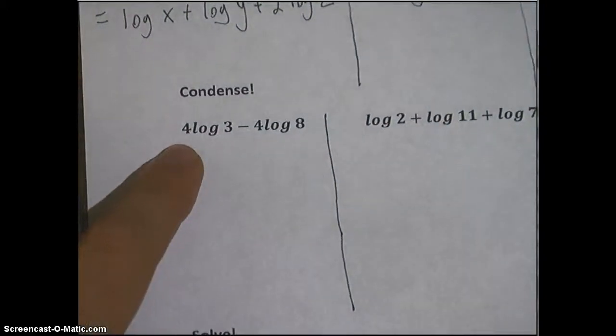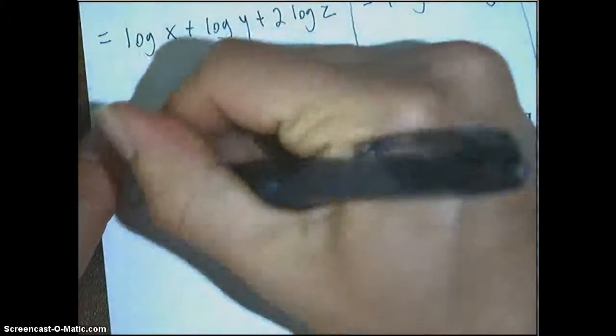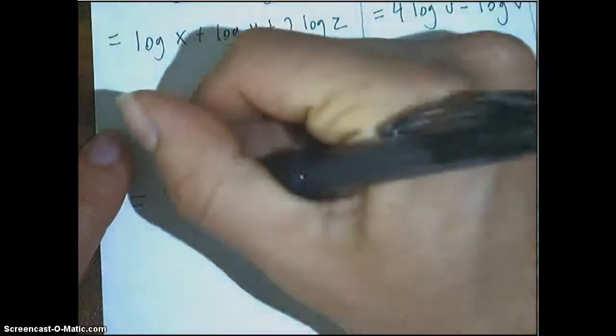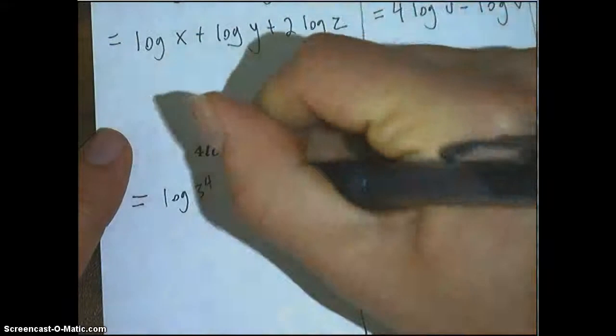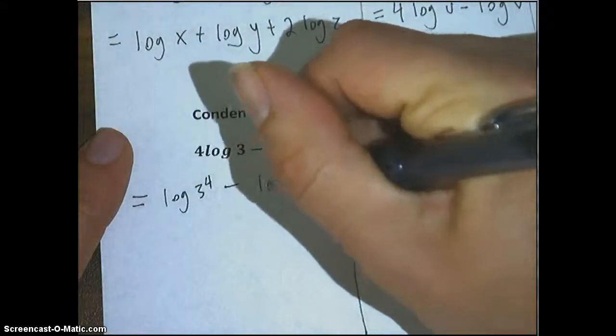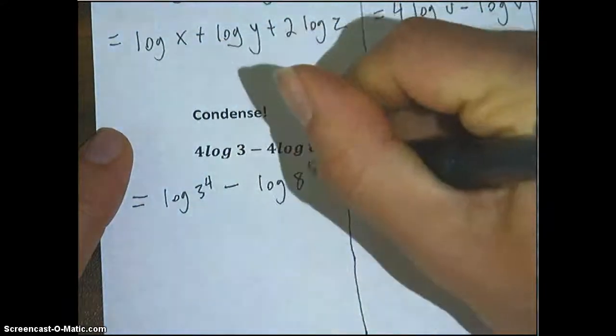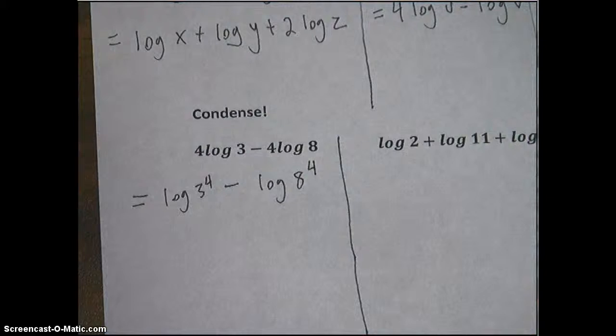So first off, I'm going to move that 4 back into the exponent. So I'm going to make this log of 3 to the 4th power minus log of 8 to the 4th power. See how I took those exponents and moved them from the front back into the exponent.